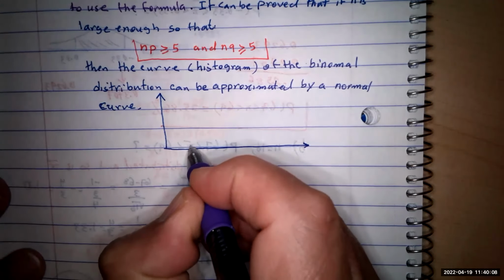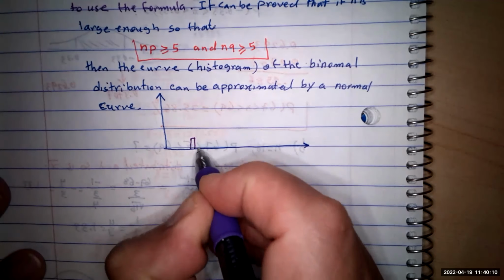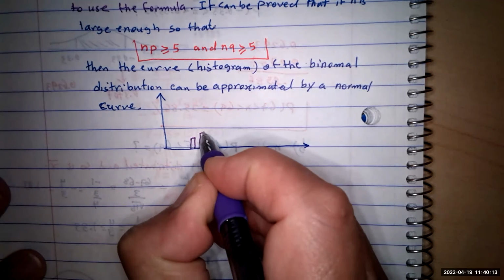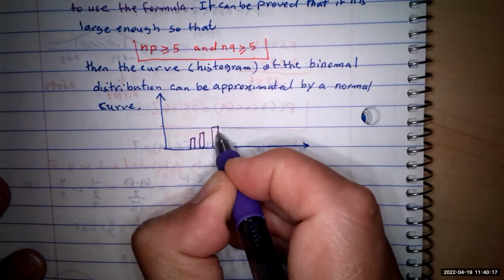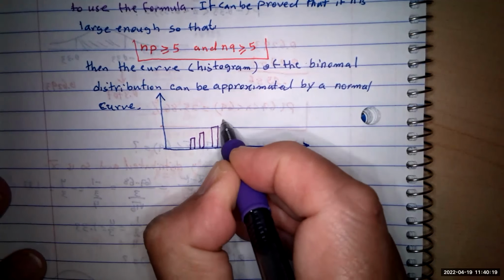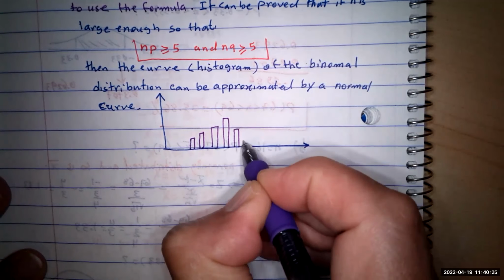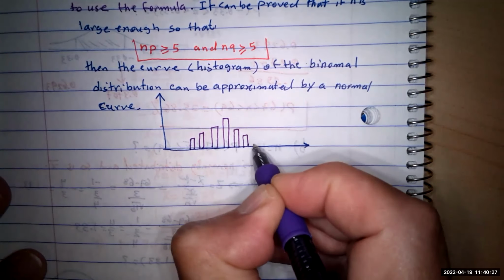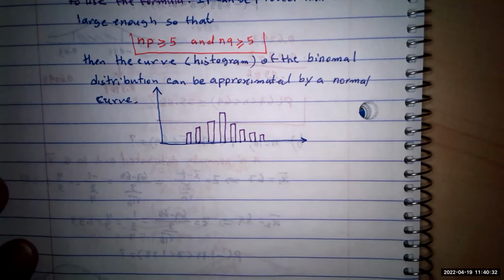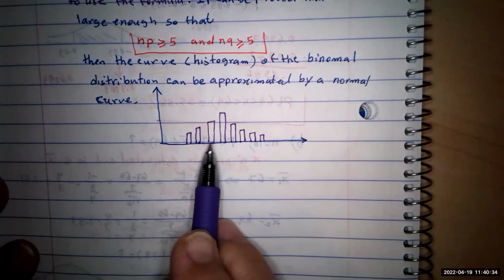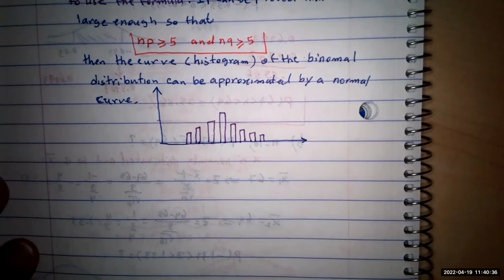This is going to be the graph of your binomial case. If these two conditions hold, this is the histogram for the binomial.